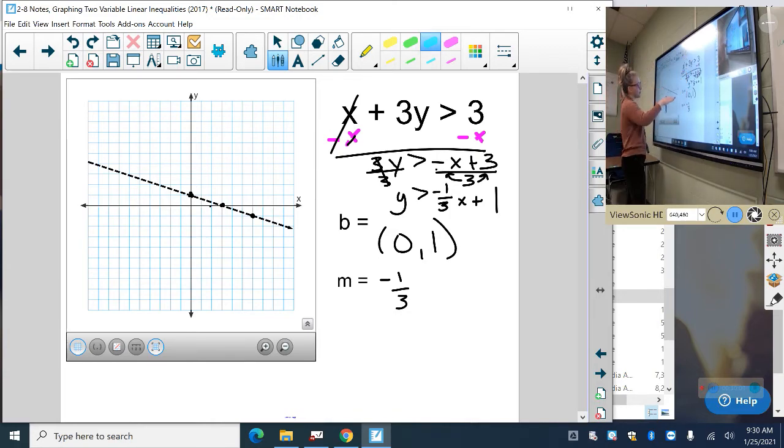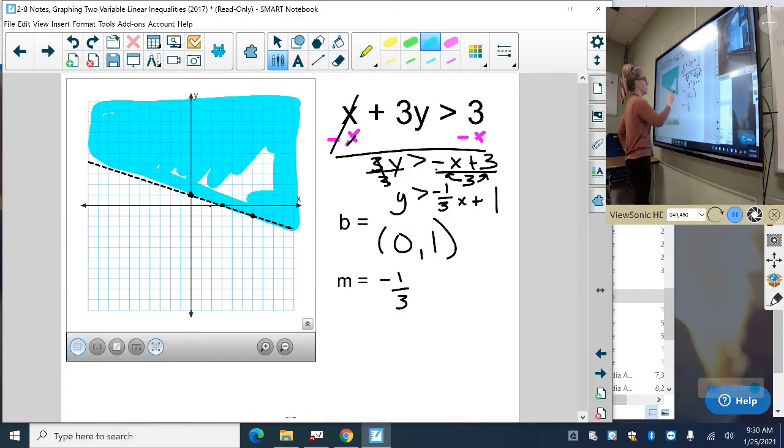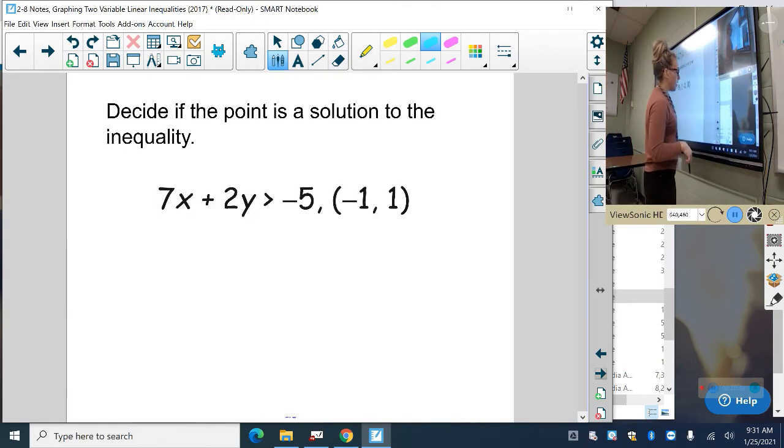If this were a mountain, this would be the mountain underneath, and this would be the sky, so I'm going to shade the sky since it's greater than. If you look back at the first page of the notes, above the line is greater than. And there you go. That is the solution to that inequality.